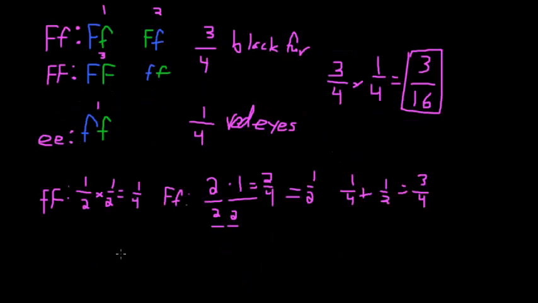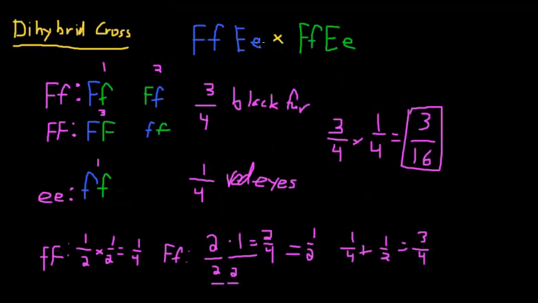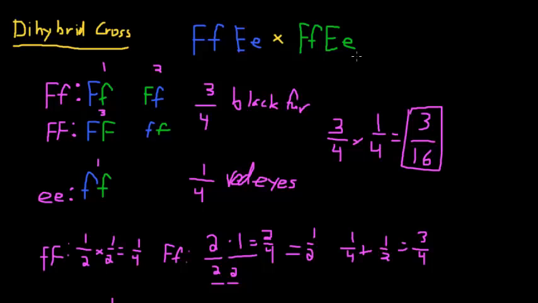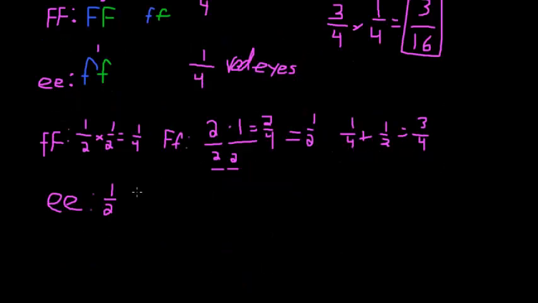And then for the red eyes, I know that this parent must give this recessive allele, which there's a 50% chance, and this parent must also give that recessive allele, which there's a 50% chance.